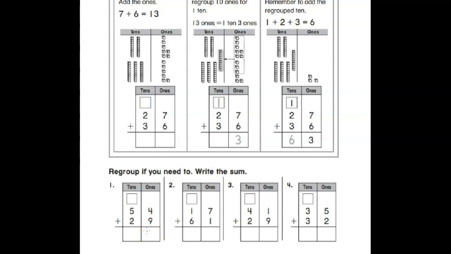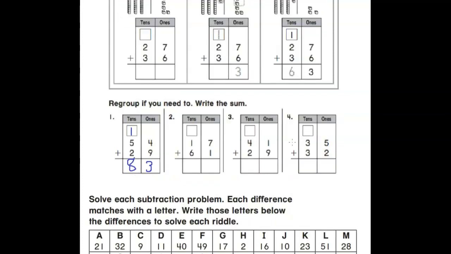That's right. The 3 is the number in the ones place of 13. And the 1 of 13 goes in the tens place since it's a 10. There we go. What is 1 plus 5? What is 6 plus 2? And you have number 1 completed. You'll do 2, 3, and 4 on your own after our video.